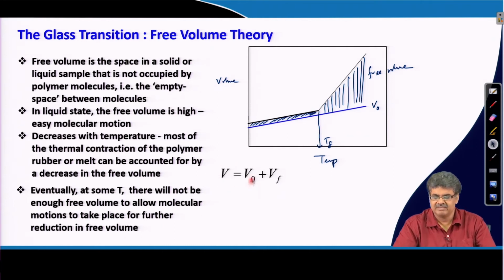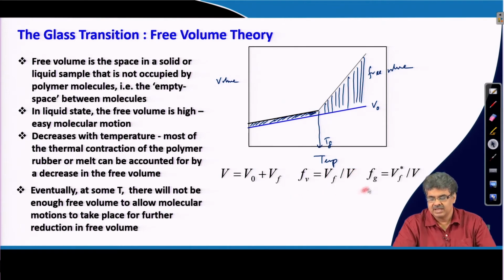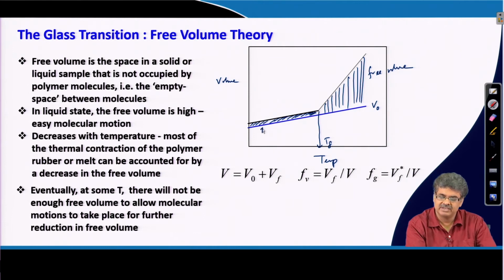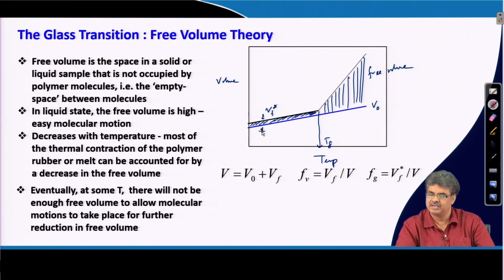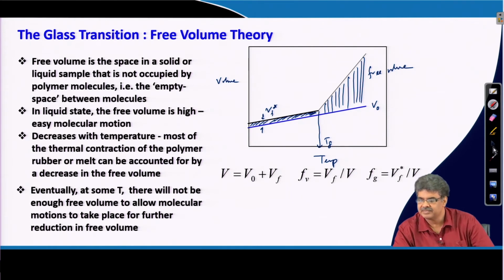So, total volume is given by the volume of the polymer molecules plus the free volume, and the fraction of free volume is given by the free volume divided by total volume, and this is the free volume below Tg. This difference in volume is Vf star, the free volume below glass transition temperature.